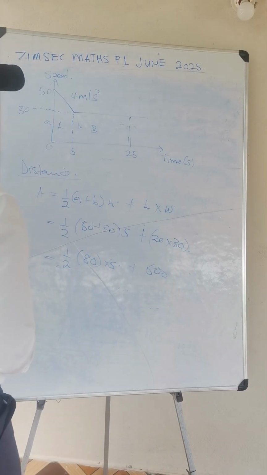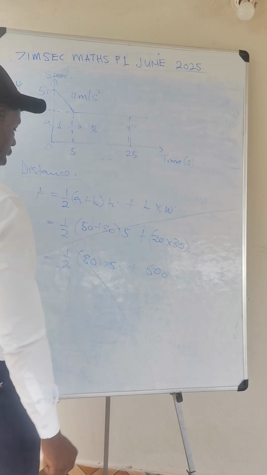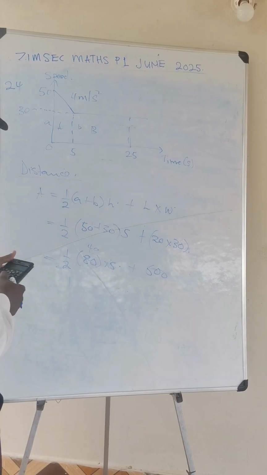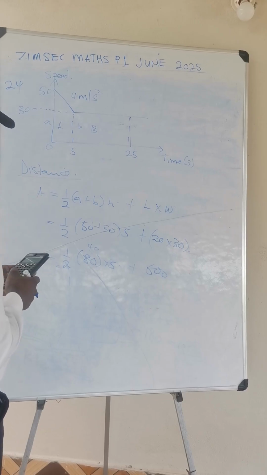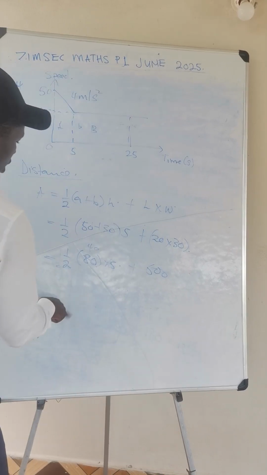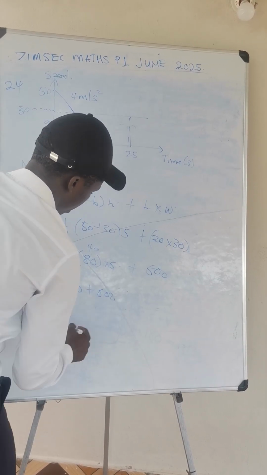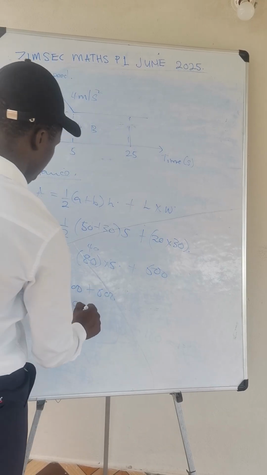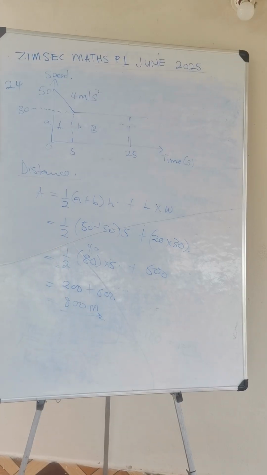Half of 80 gives 40, 40 by 5 gives 200. So it becomes 200 plus 600, so it becomes 800 meters. So this will be the distance traveled by our object.